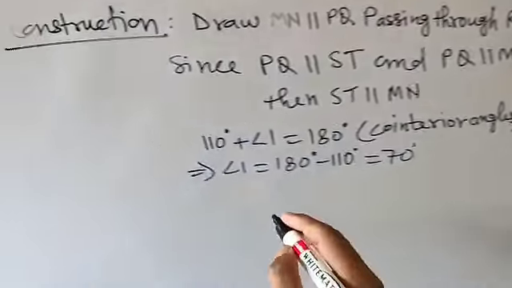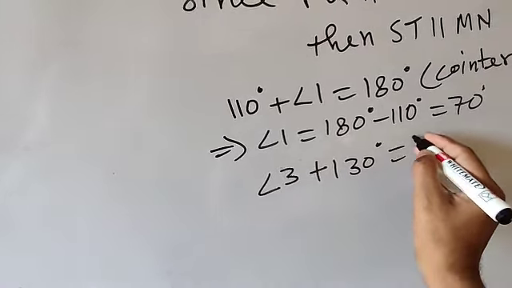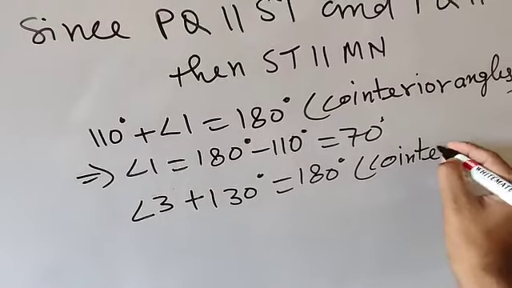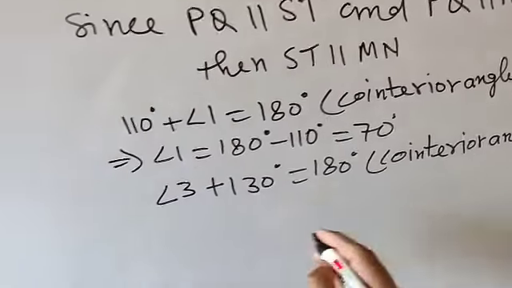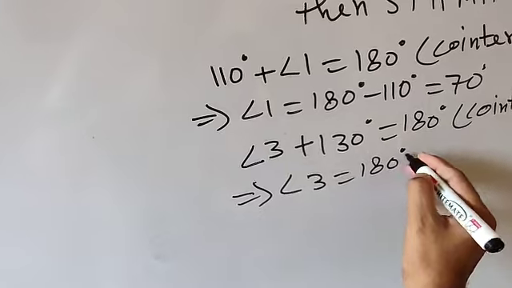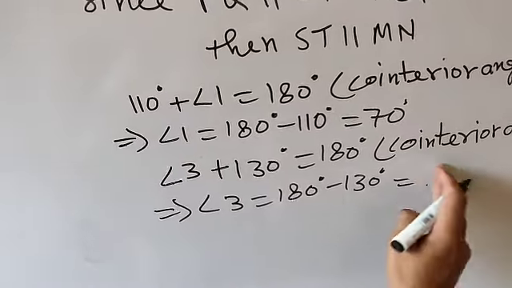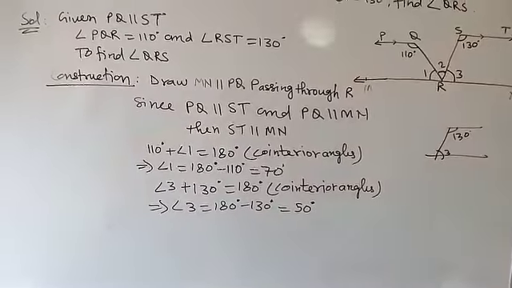So again you can write angle 3 plus 130 degree equal to 180 degree, reason: co-interior angles. So angle 3 equal to 180 degree minus 130 degree, that is equal to 50 degree. So here I got the value of angle 3 and angle 1.